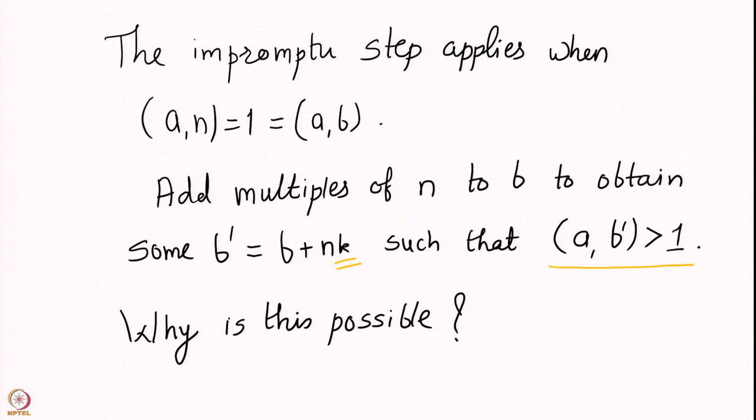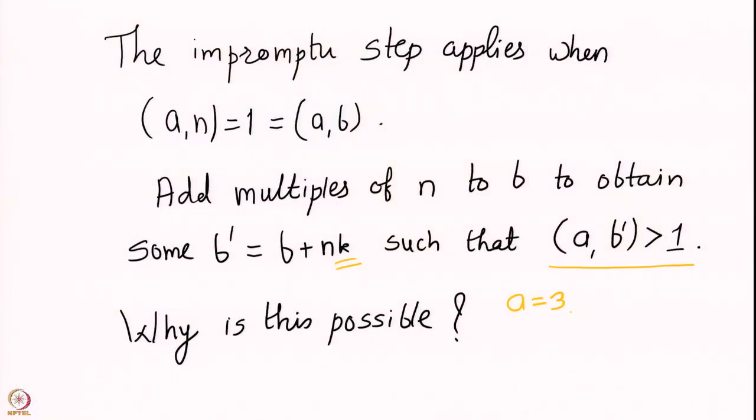We saw it in the last example where we had 3x congruent to 7 modulo 25. We added 25 into 2, which was 50, to 7 to obtain 57, and that gave us the answer. So, A is 3, B is 7 and n is 25. Here k equal to 2 works.